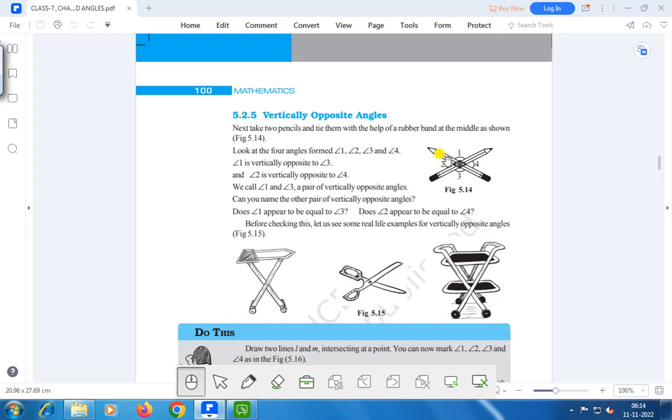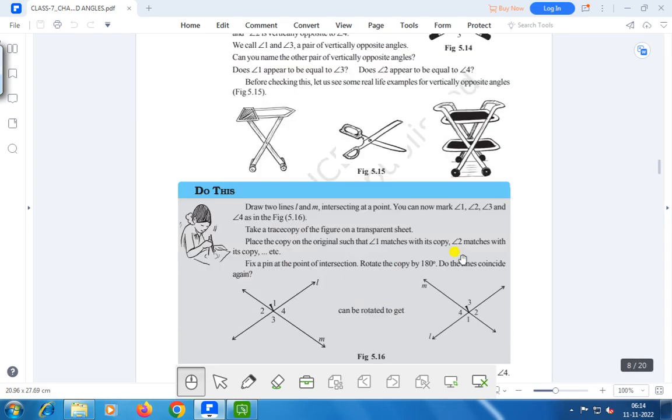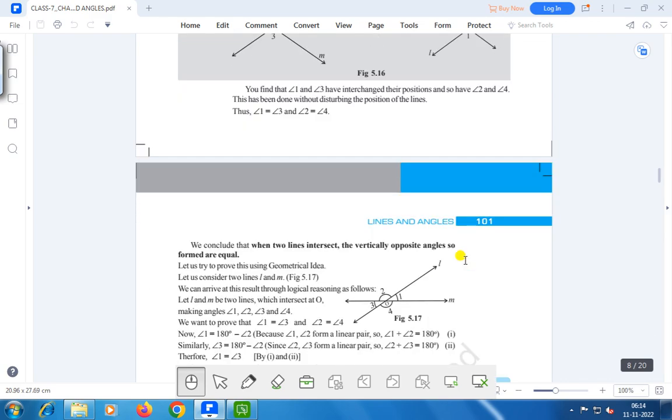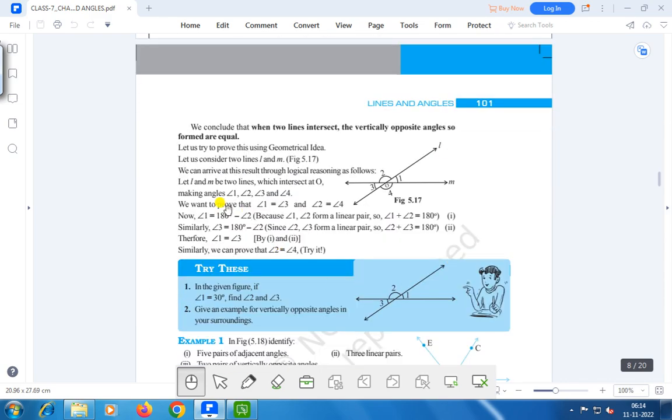Now we conclude that when two lines intersect, the vertically opposite angles so formed are equal. That means angle 2 is equal to angle 4 and angle 3 is equal to angle 1.